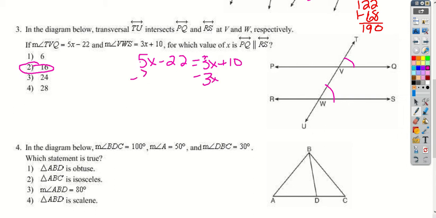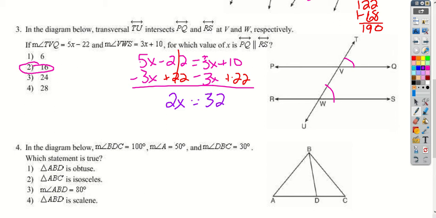We can subtract 3x from both sides. We can also add 22 at the same time. And we're going to get 2x is equal to 32. And then divide by 2. And that's where x is going to equal 16.